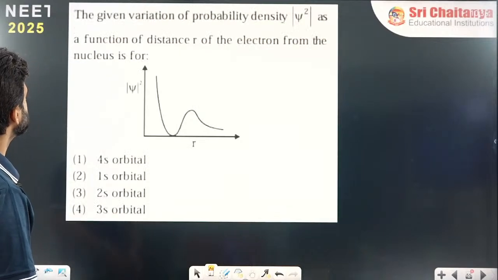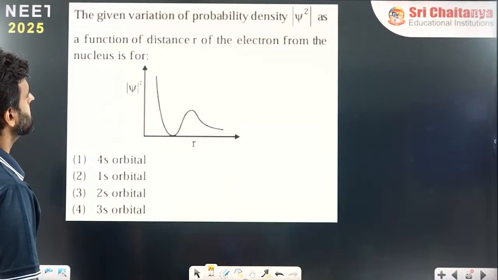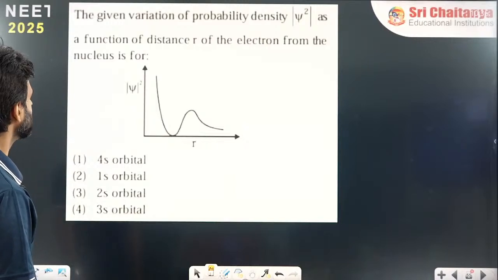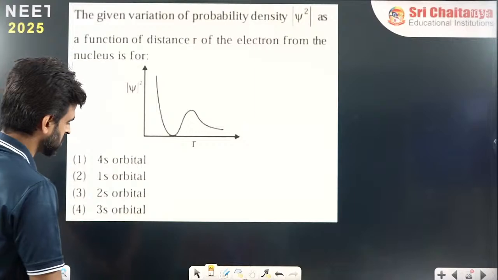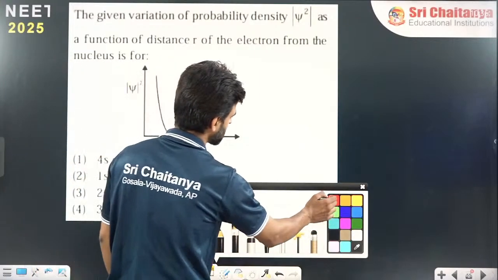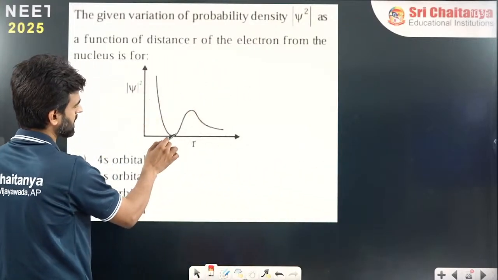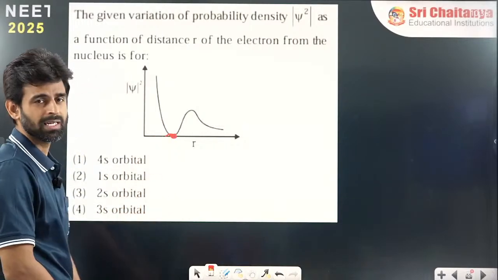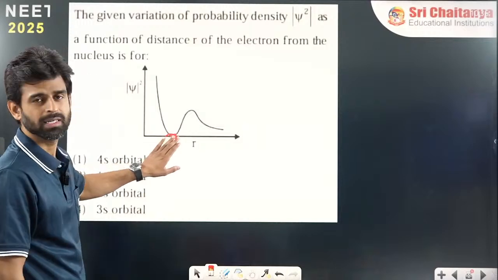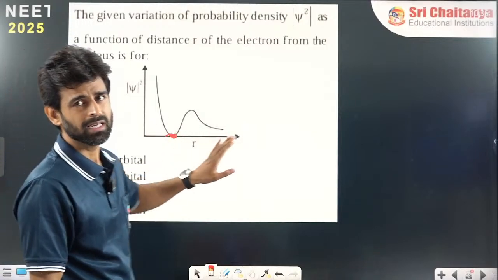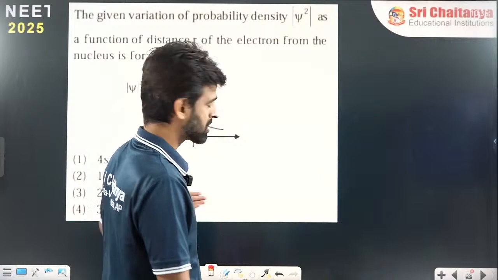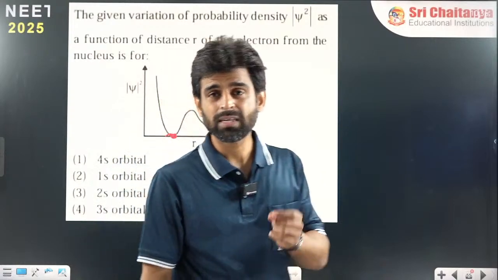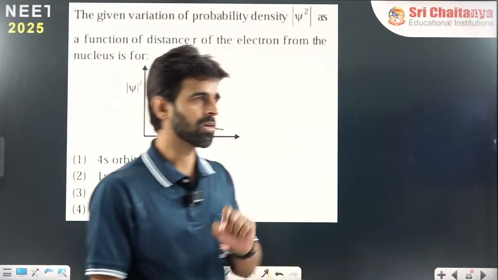Next thing, the given variation of psi square, they are saying, beta. Here psi square shows the electron probability density, and here we are getting a node, right? It's one of the nodes. So which orbital, 1s, 2s, 3s, 4s, has one spherical node?